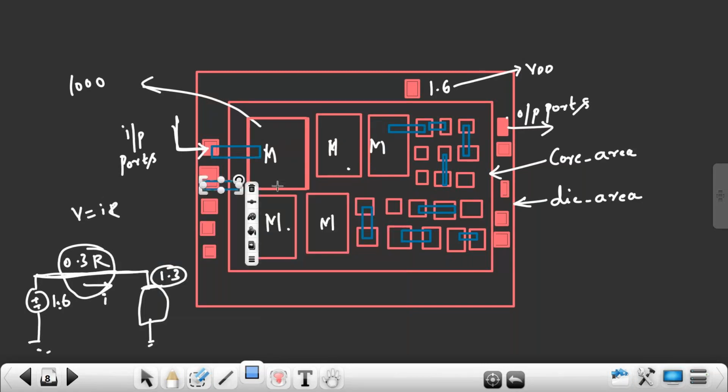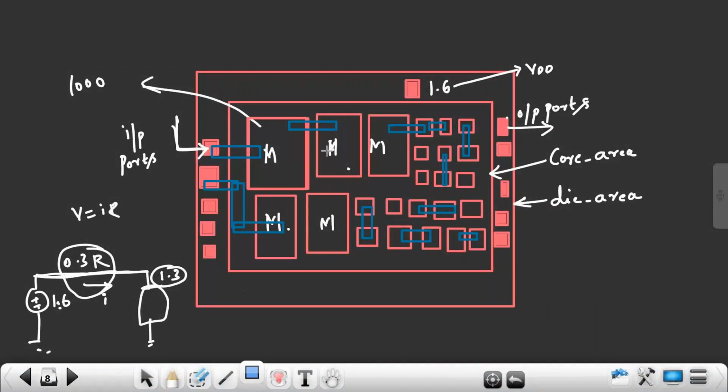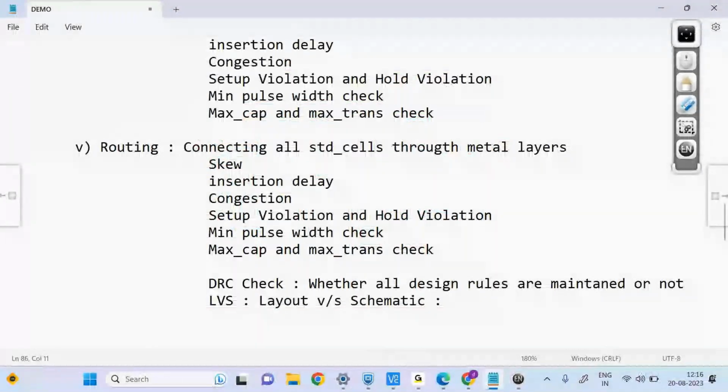So all the required connections are done. Now my LVS will verify whether the connections mentioned in the layout are the same as the connections mentioned in the netlist. The netlist is considered as the schematic.